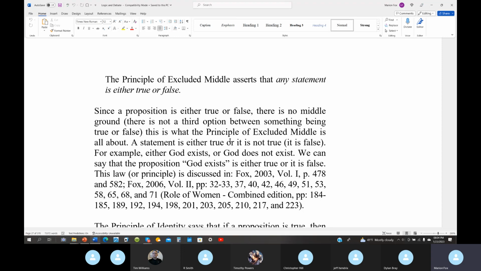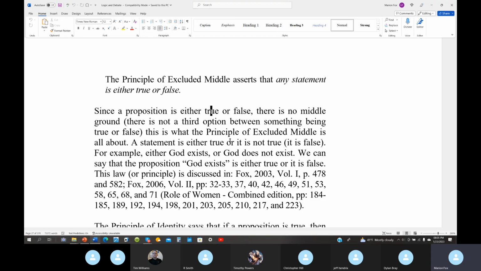There's no third option between something being true or false. That's what the principle of excluded middle is all about. A statement is either true or it is not true; it is false. For example, either God exists or God does not exist. One of those statements is true. The other one is false. We say the proposition God exists is either true or false. And of course, I'm convinced God exists.